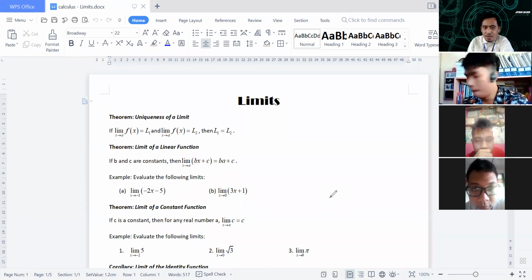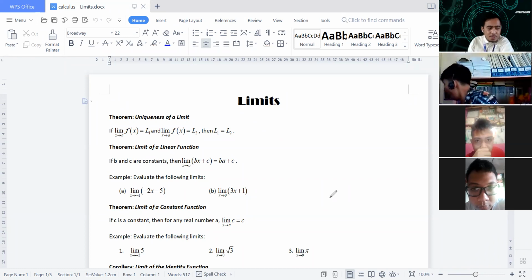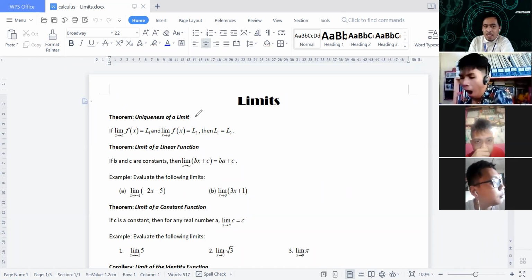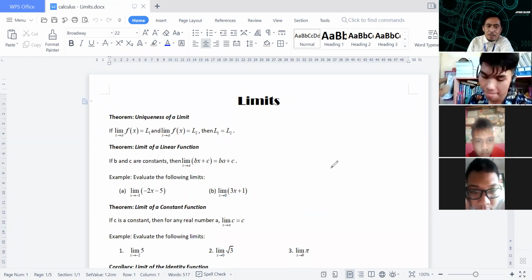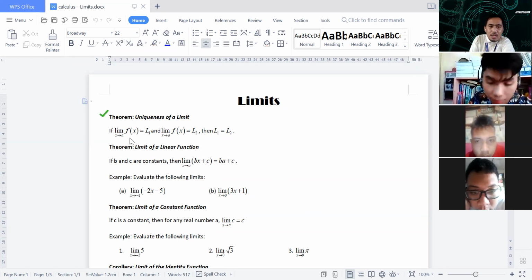But a theorem should be proven first before you will use it. But I tell you, these theorems are already proven. We will not discuss anymore how they are proved, but just believe me that they have already been proven. The first theorem that we have is the uniqueness of a limit.